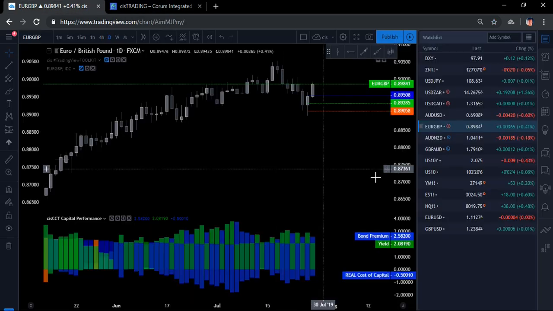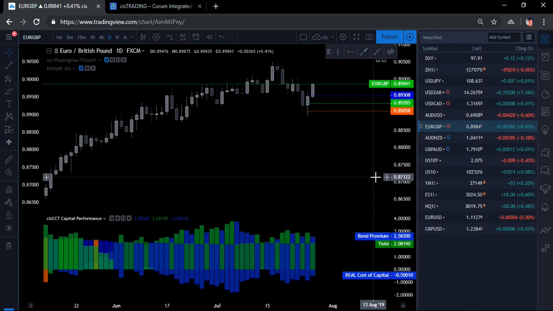And I'm going to be using TradingView with the TradingView toolkit. You can see at the bottom I have the CIS CCT Capital Performance Real Capital Risk, or real cost of capital indicator, and we'll take a look at that a little later.